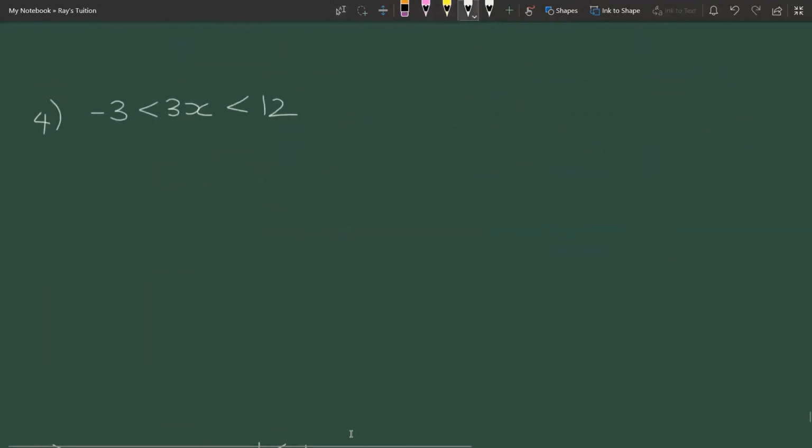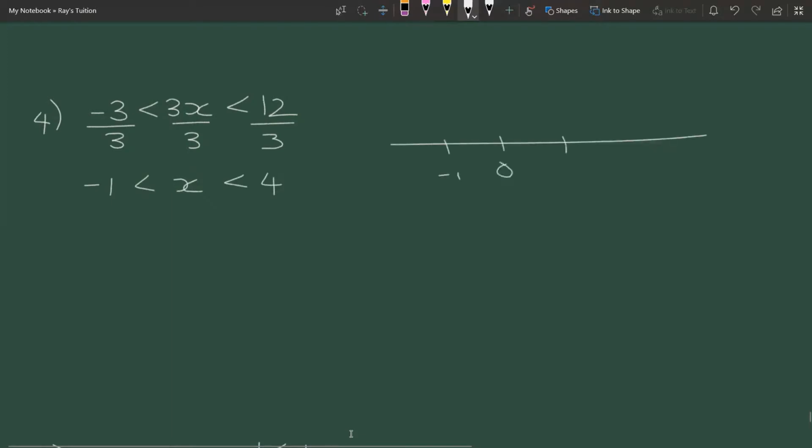Let us have a look at number 4. So this one here, we just have to divide everything by 3 because x is already by itself. So we get -1, x, and 4. So representing this on a number line: -1, 0, 1, 2, 3, 4. And maybe you can think about the solution as we're doing it.